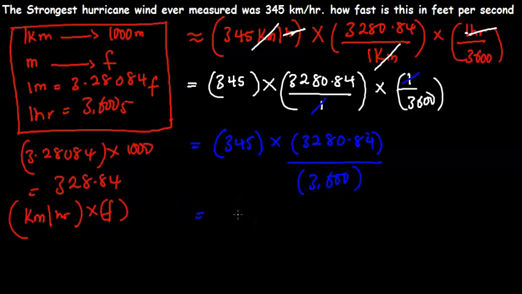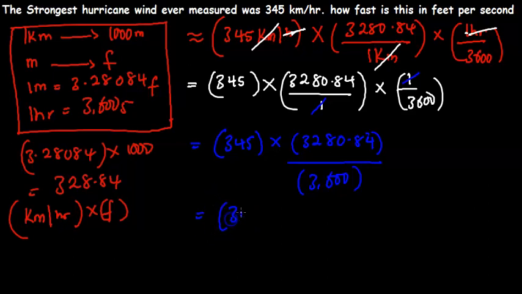At this point, if you divide 3280.84 by 3,600, this is simply going to be 0.9113. 0.9113 multiplied by 345. Punch that on your calculator, and this is simply going to be 314.39.